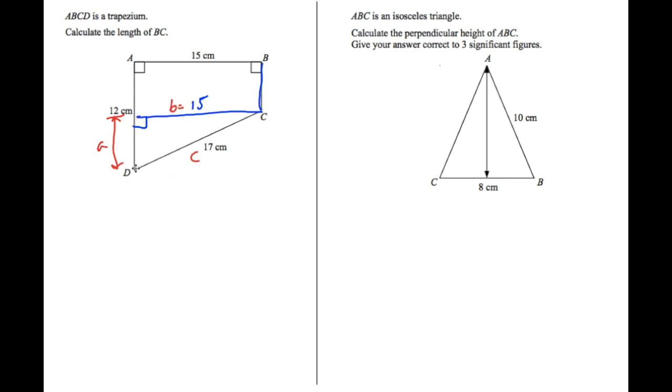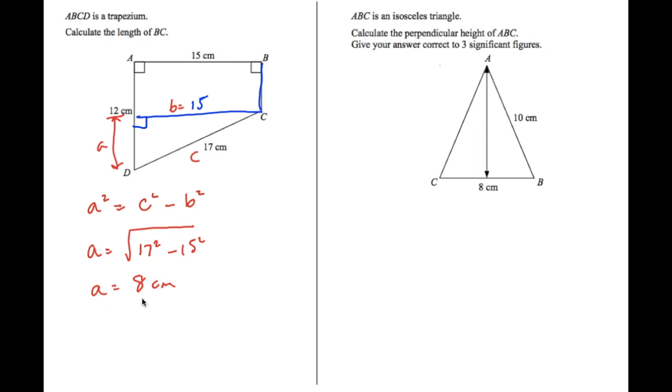So we are looking for side A, so A squared is equal to C squared minus B squared. A is equal to the square root of 17 squared minus 15 squared. A is equal to 8 centimeters.